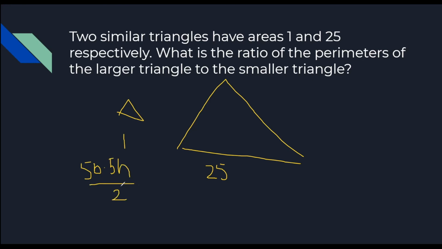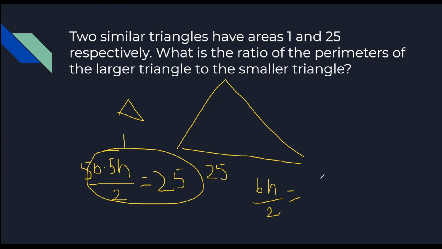If this is 25, then the small triangle would be b times h over 2. And if we divide both sides by 25, it would give us 1. Does that make sense?